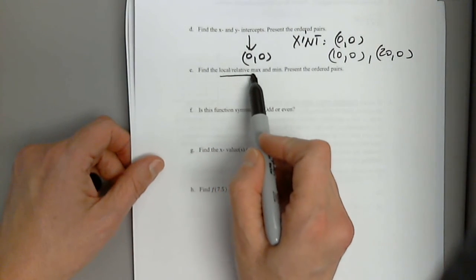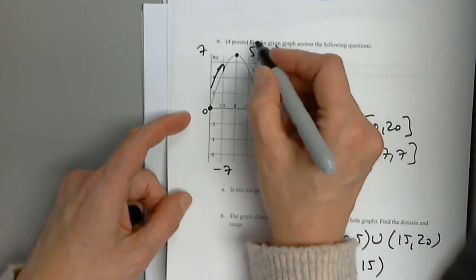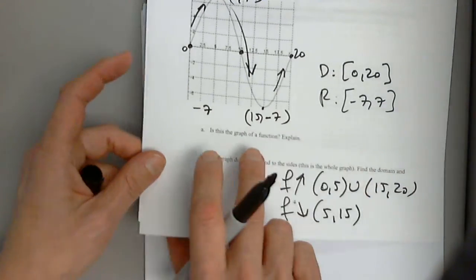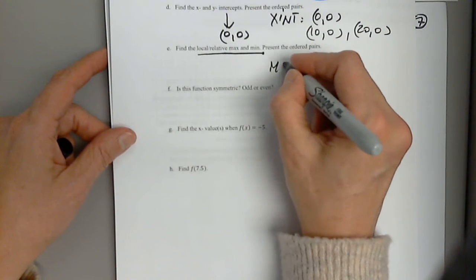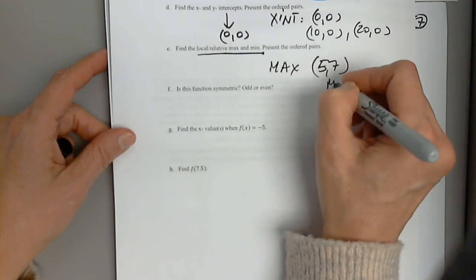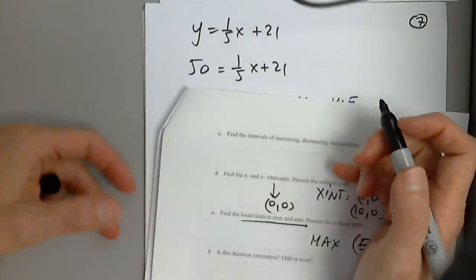Find the local or relative min-max. There is a max here at (5, 7), and there is a min here at (15, negative 7). So I'll say max (5, 7), min (15, negative 7).